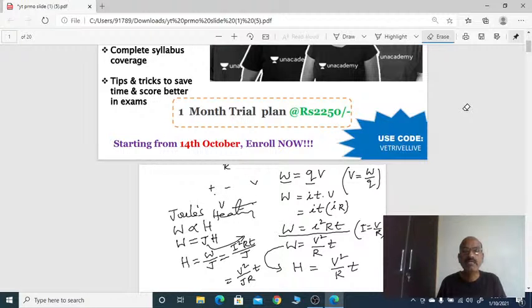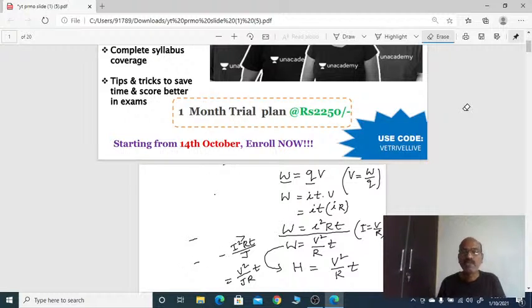Keep in mind electric energy. The commercial unit of electrical energy is the kilowatt hour. 1 kilowatt hour is 3.6 into 10 power 6 joule.